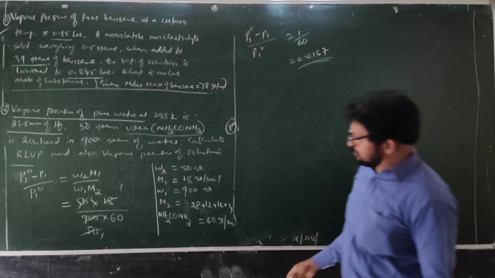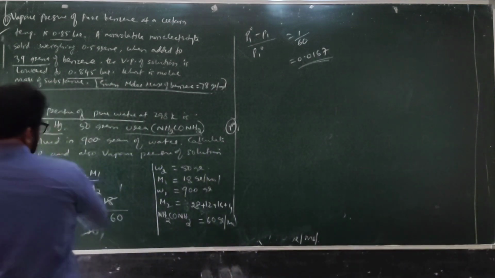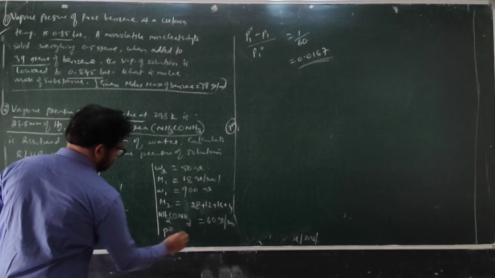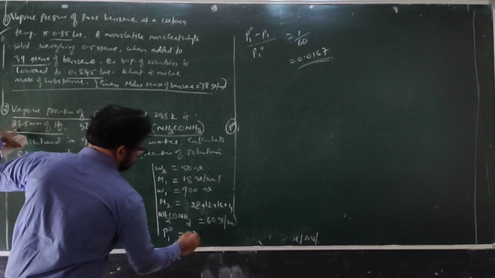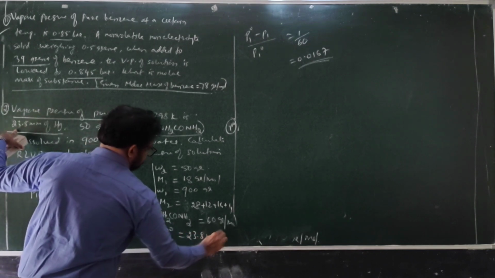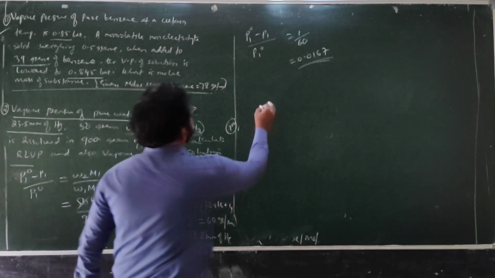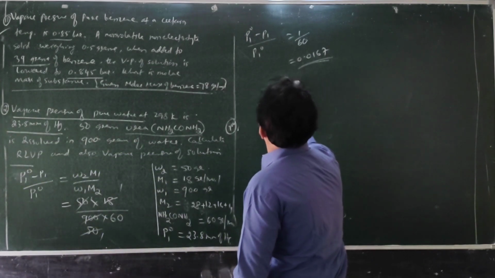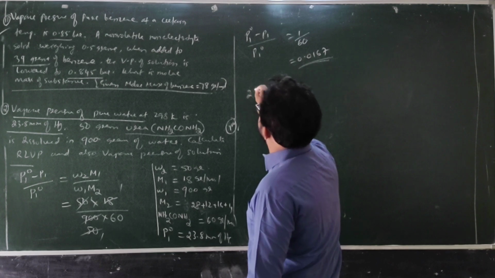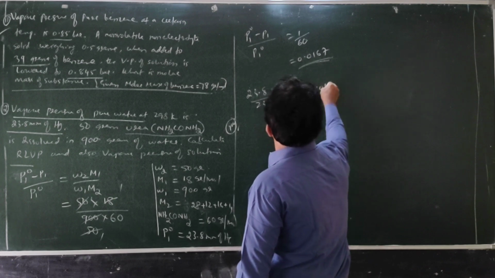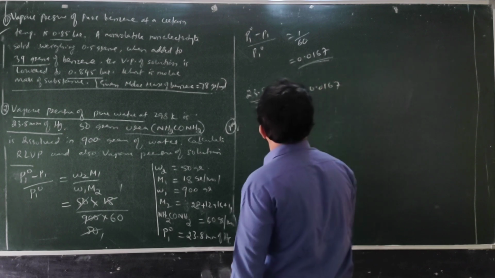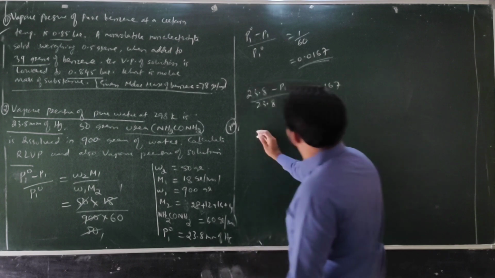Okay, now one more thing. They have given P1 naught, yes or no? It's 23.8 millimeter of mercury. So if I substitute that P1 naught, 23.8 minus P1 divided by 23.8 equal to 0.0167. So you work out this.